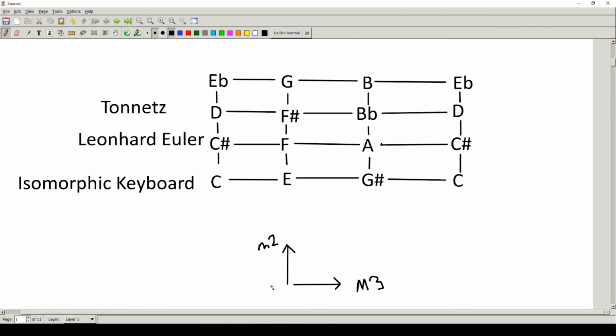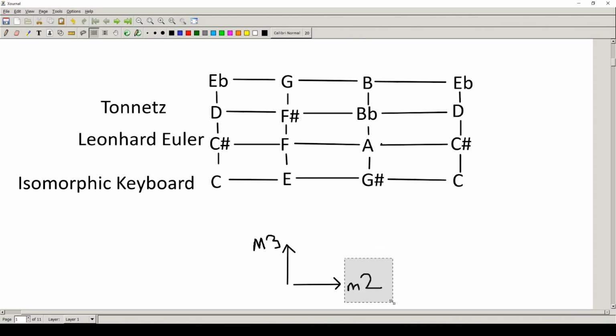But you could pick different intervals. So like you said, we could rotate this 90 degrees so that you had major thirds at the top and minor seconds over here. You could think of that as a rotation or a reflection.